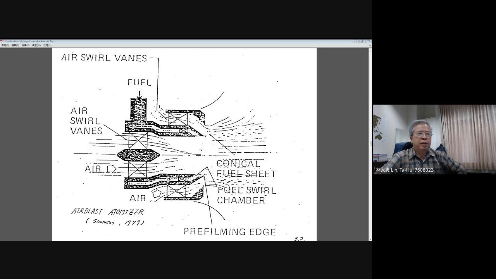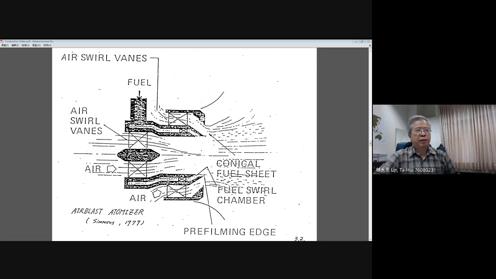You bring the inner mixing and the outer mixing together, then you will produce mixing structures. Since with the internal mixing and the outer mixing you require a large amount of air to participate, we call this kind of nozzle an airblast atomizer.